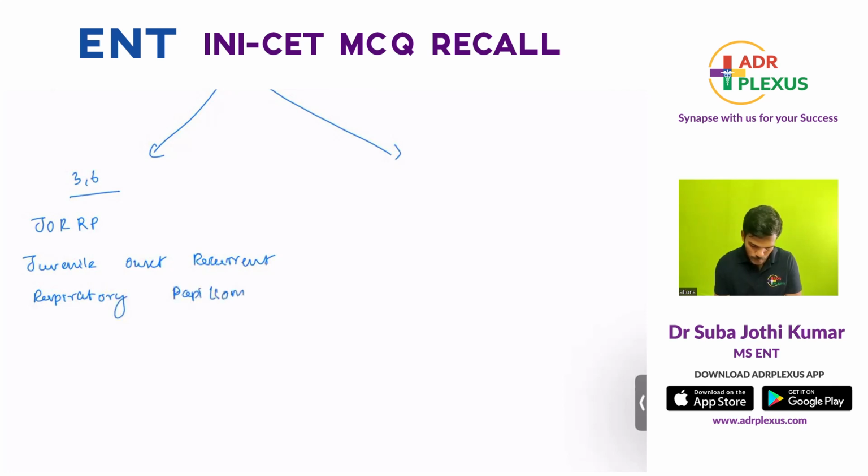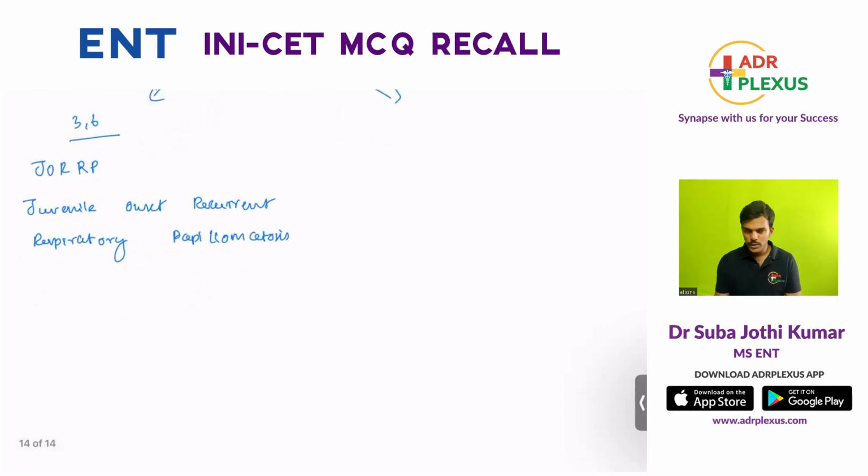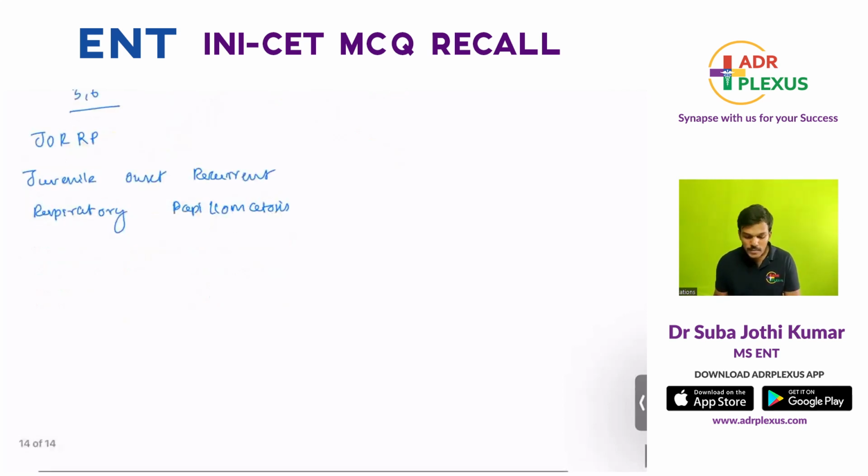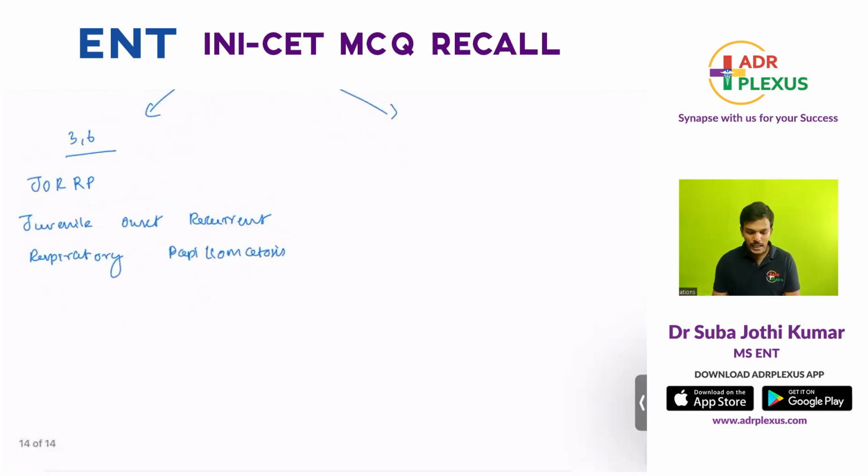Clear? Yes. So it occurs in around the adolescent age group, 8 to 14 years of age. So what will it cause? It will cause lesions over the vocal cords. Small papillomatous lesions over the vocal cords. The child will be suffering from initially voice change. Sometimes the child can also have breathing difficulty.